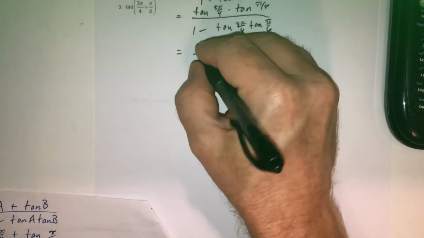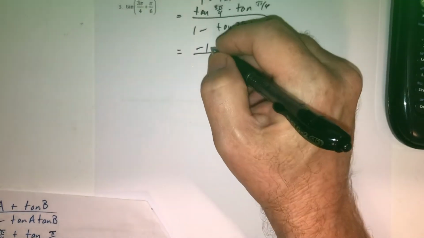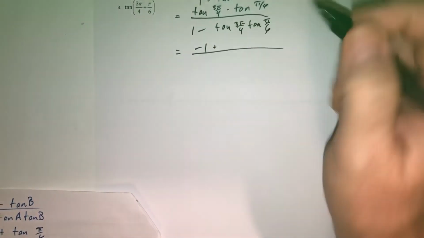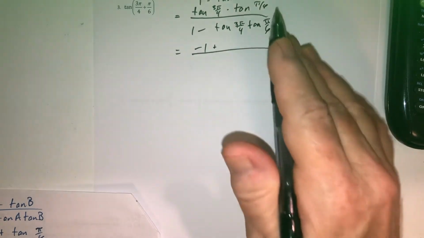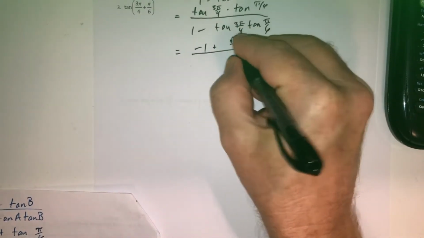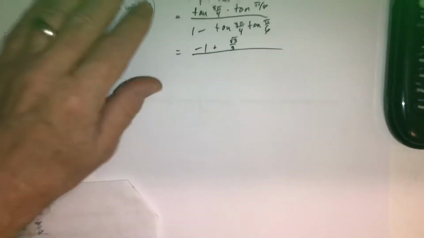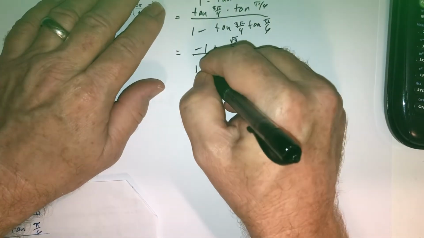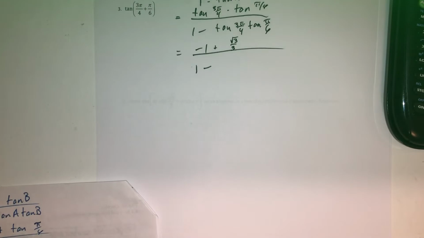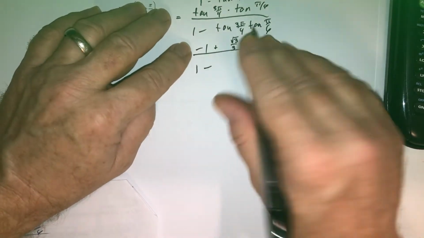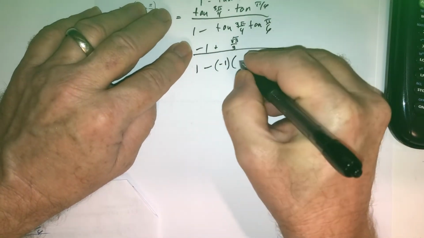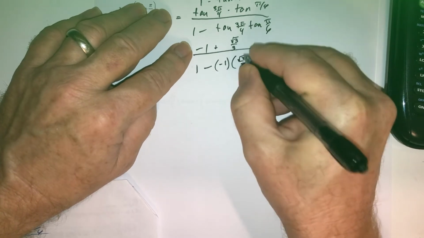So -1 plus the tangent of pi over 6, which is the square root of 3 over 3. You can get that off of your unit circle if you forget it, okay? And then we're going to divide that by 1 minus the product of those two terms in that numerator, -1 times the square root of 3 over 3.